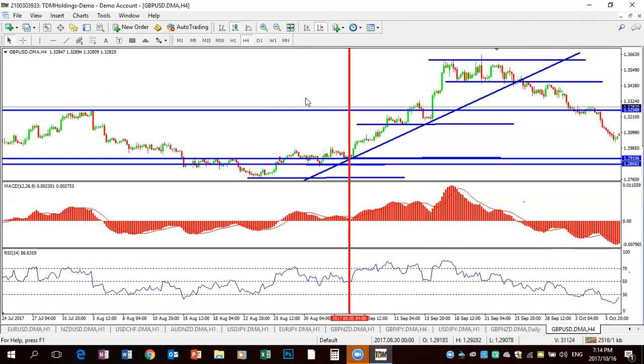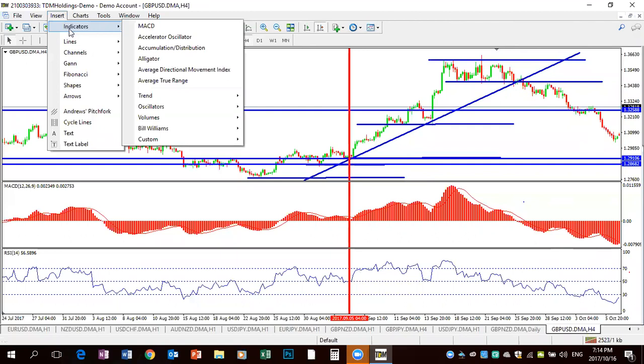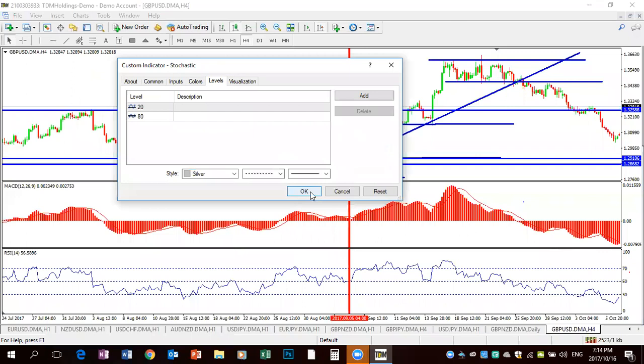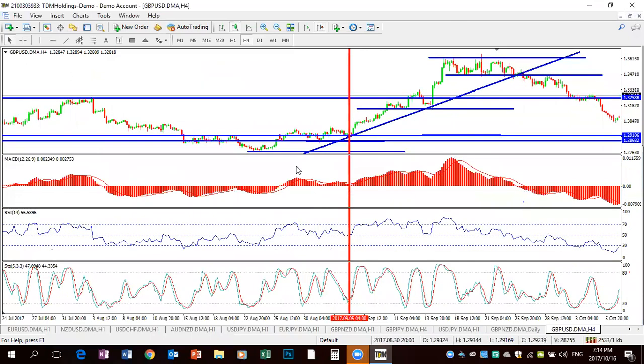Right? The last indicator that I want to introduce to you is stochastic. Now you say insert, remember indicators, and you go to stochastic, custom stochastic. Now you click and you say okay. It's only RSI where you add a level.